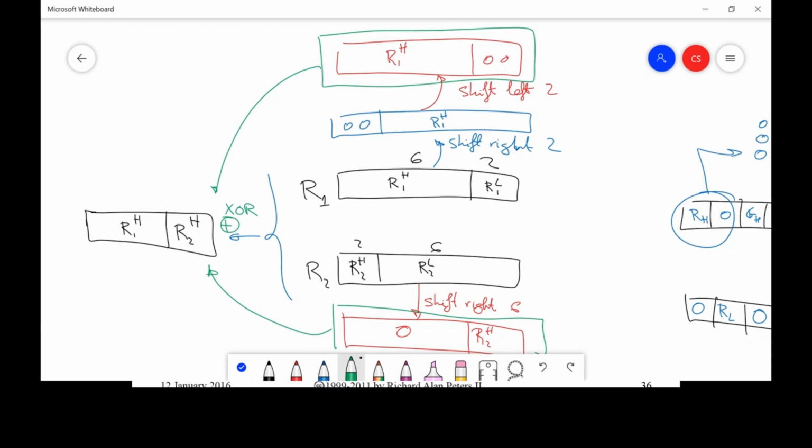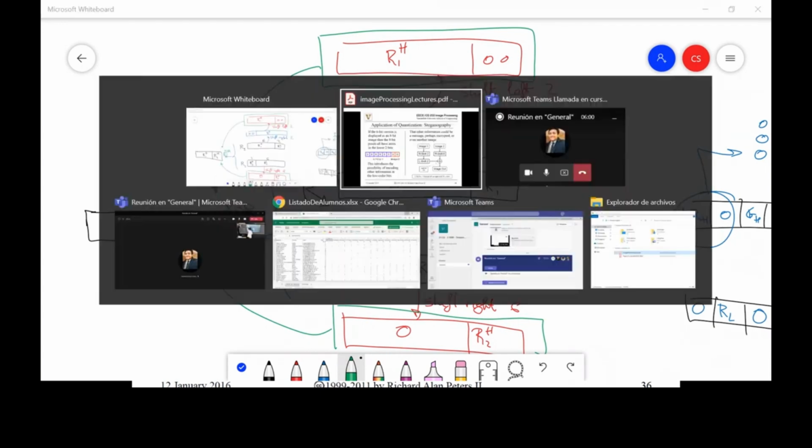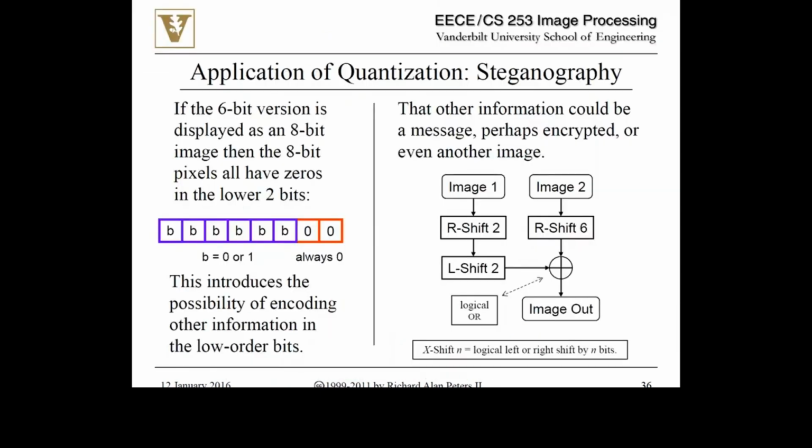So I will produce this one. Okay, so that is what is represented in this scheme. So you have image 1, then you right shift by 2, left shift by 2. You have an image 2, you right shift by 6, and you do an XOR between the 2. And then that will be your output image.